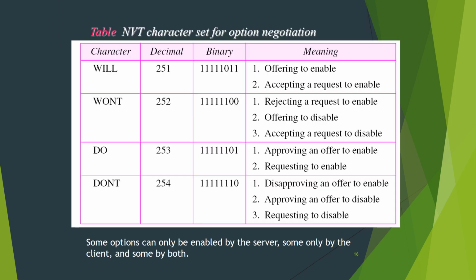These 4 control characters are: WILL, 251, offering to enable or accepting a request to enable; WON'T, 252, rejecting a request to enable, offering to disable, or accepting a request to disable; DO, 253, approving an offer to enable or requesting to enable; and DON'T is 254, that is disapproving the offer to enable, approving an offer to disable, or requesting to disable. Some options can only be enabled by the server, some can only be enabled by the client, and some can be done by both.